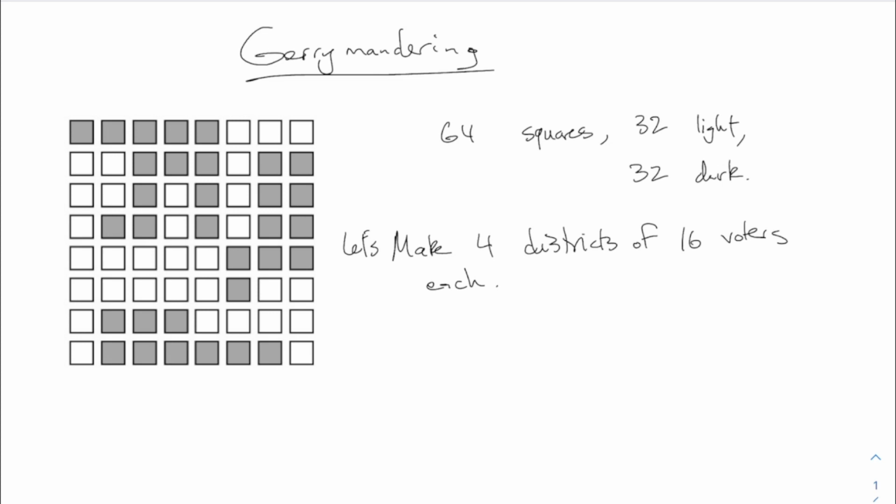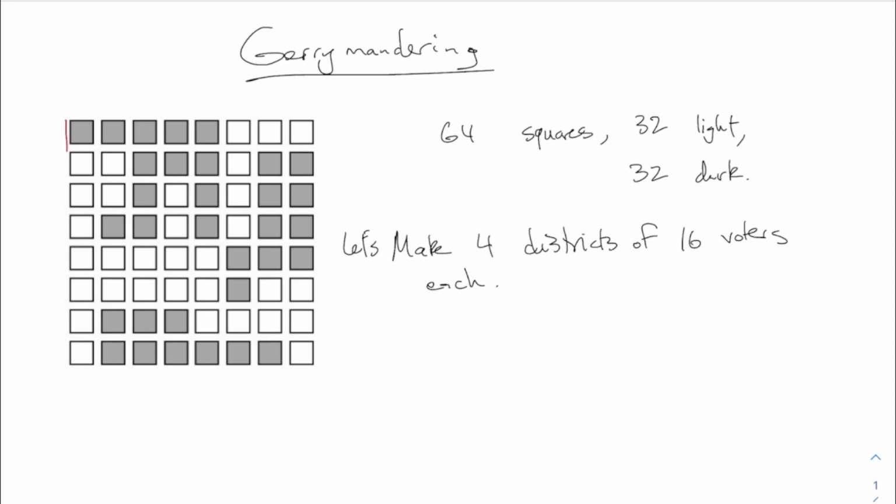Okay, so I want to make 4 districts of 16 voters each. I'm going to do this by circling some of the squares, and of course there are many possible ways that you could make 4 districts out of this, but maybe I will just invent some here at random. I need 16 voters each.